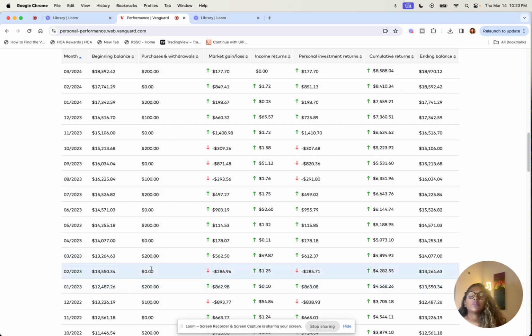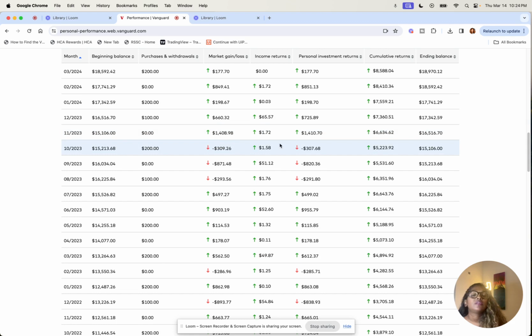So this is what I'm purchasing and I have this set on automatic. All you need to do is set your account on automatic and it takes out 100 or 200, however much you set it to withdraw from your account to place in this brokerage. And I have this account through Vanguard. So you know, right here it says Vanguard Performance.